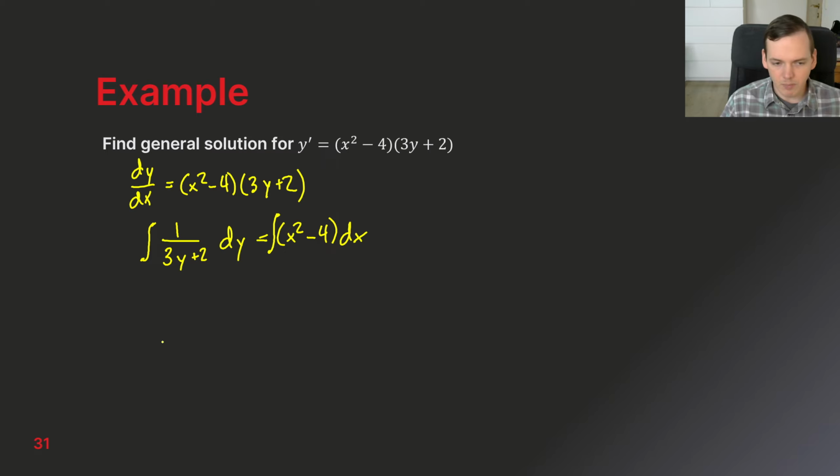The left side, I'm going to skim past this real quick; if you need to pause and check, or ask me to check. This will give me 1/3 ln of 3y plus 2 is equal to, on the right side, 1/3 x cubed minus 4x plus c.